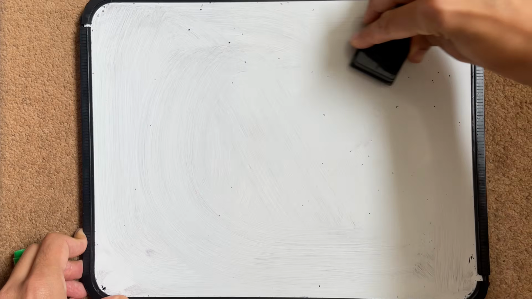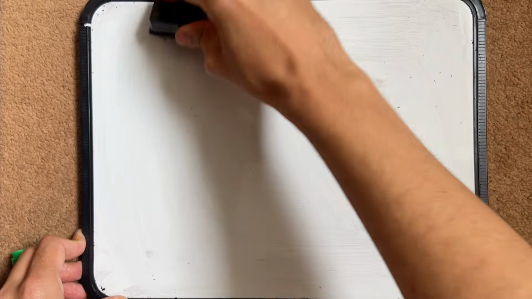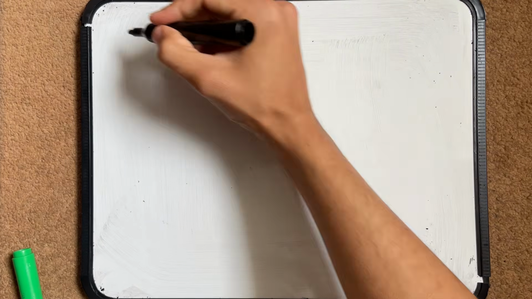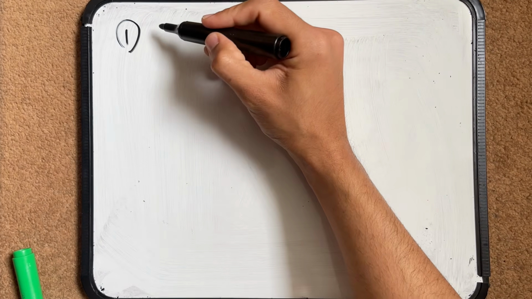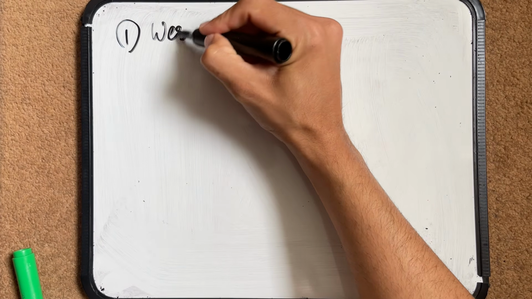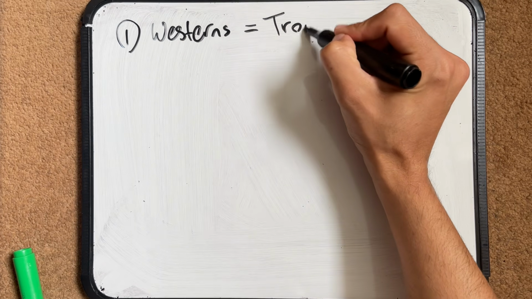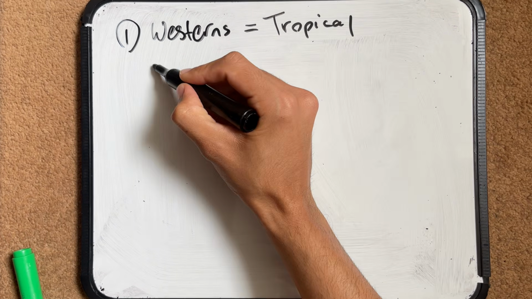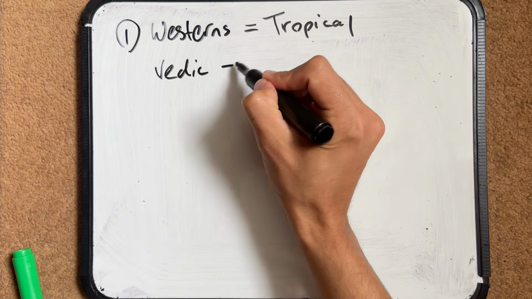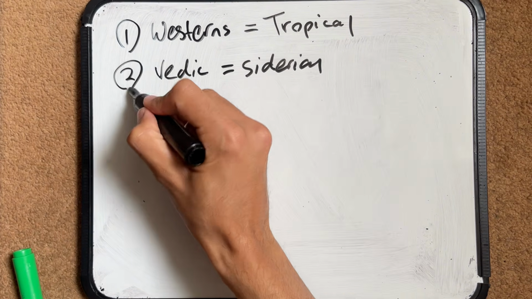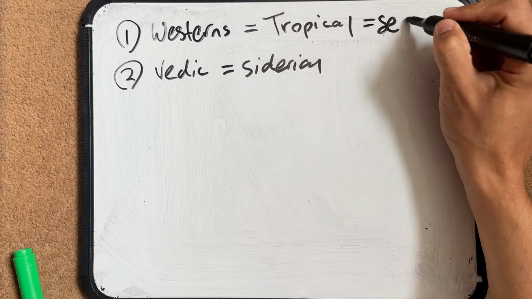Now, let us make this very simple. If you remember nothing else from this section, remember these 4 points, okay? Number 1, Western astrology uses the tropical zodiac. Number 2, Vedic astrology uses the sidereal zodiac. Okay. Number 3, tropical is based on seasons.